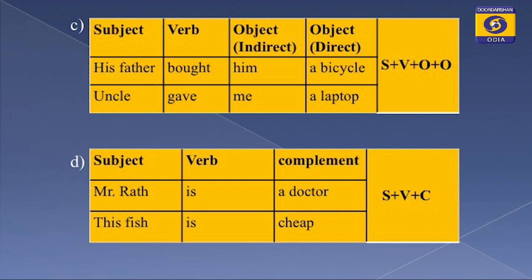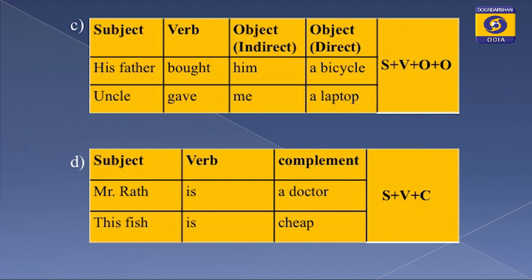Here you see what is a complement. Usually after the be verb, after the seem verb, after the appear verb, we use a complement, or a noun that completes the sentence. Mr. Ratha is a doctor. Here this pattern is a subject verb complement pattern. The fish is cheap.